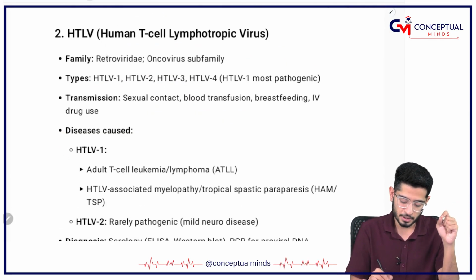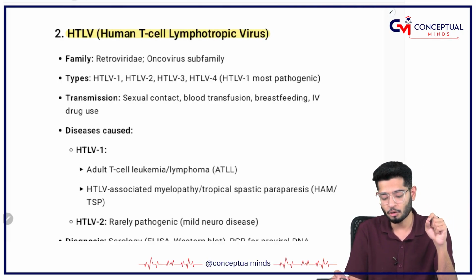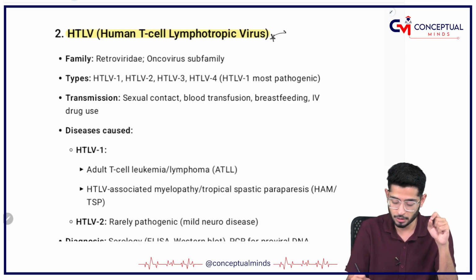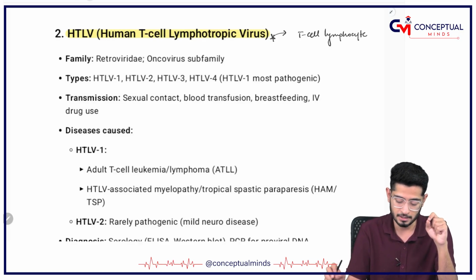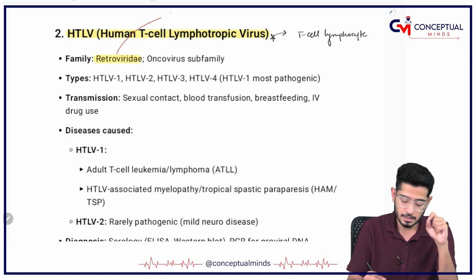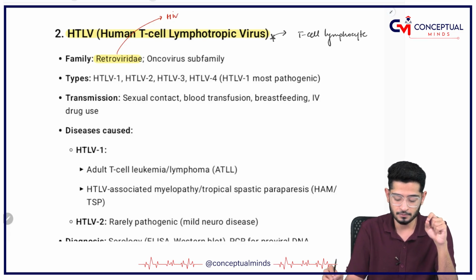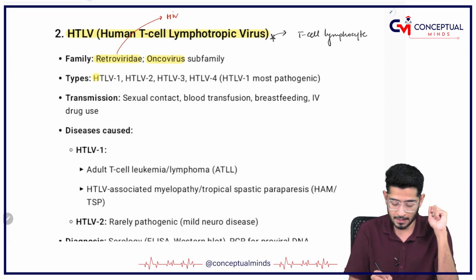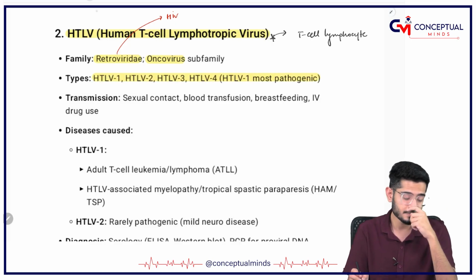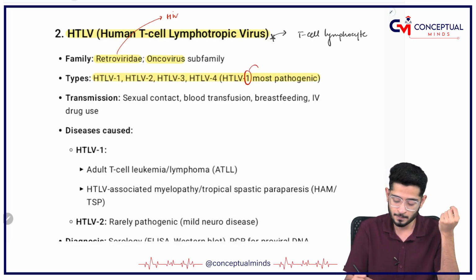Coming on to the next important virus, HTLV, called Human T-cell Lymphotropic Virus. That means a virus which grows on human T-cell lymphocytes. It belongs to family Retroviridae. If you remember, this is the same family as HIV. It is an oncovirus. HTLV has types 1, 2, 3, 4, and type 1 is the most pathogenic one.